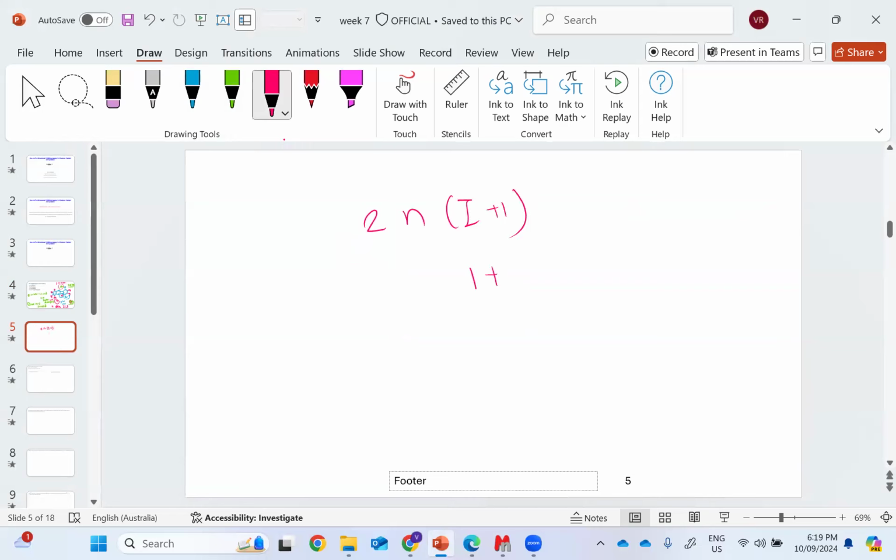So I here is 1, plus 1, it is 2. n is here 1. What is the formula for the signal? 2nI plus 1, but where is the bracket located?